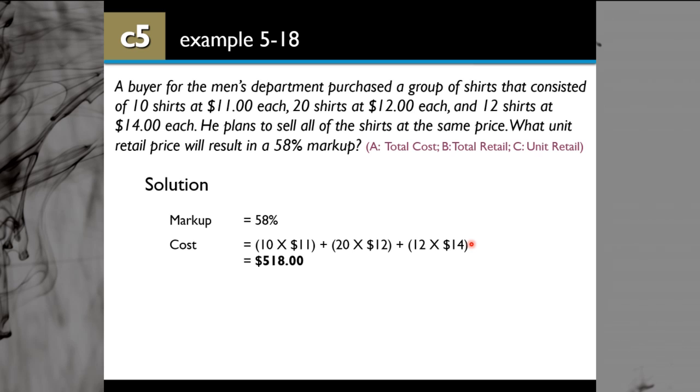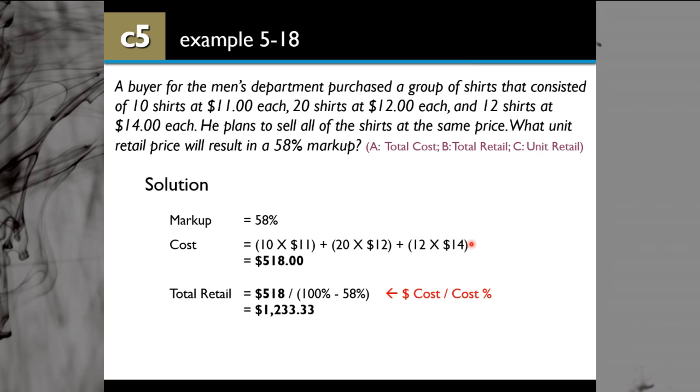And what's the next step then? Now you need to calculate your total retail, which is your total cost divided by cost percentage. So that is 518 divided by 100% minus 58, which is 42%. If you calculate it, you get 1,233.33.